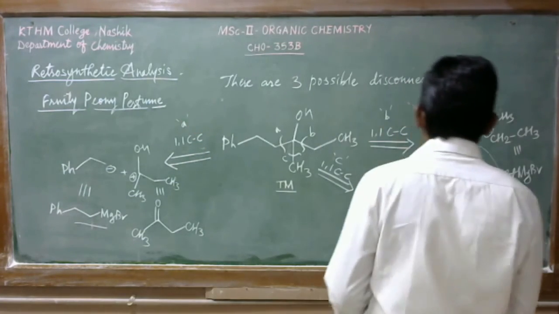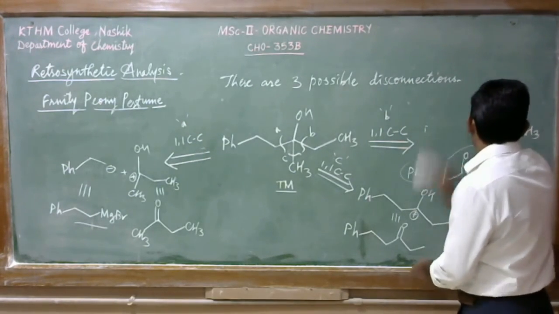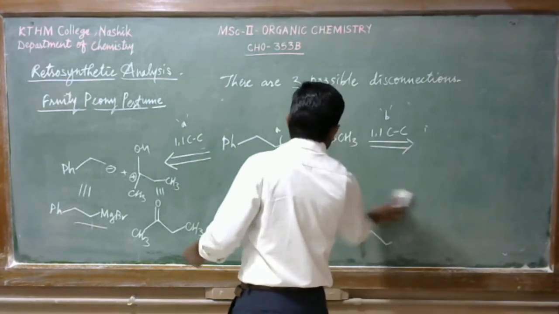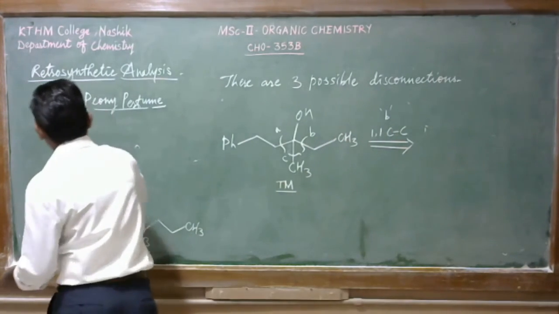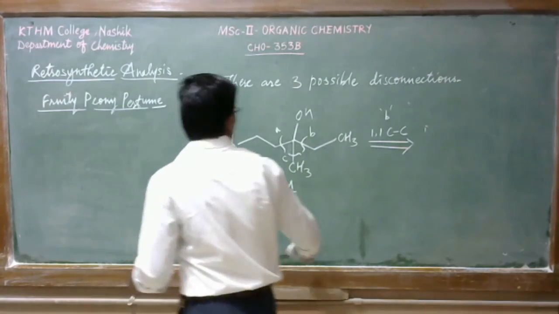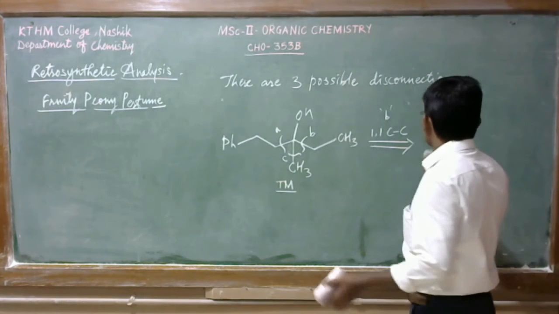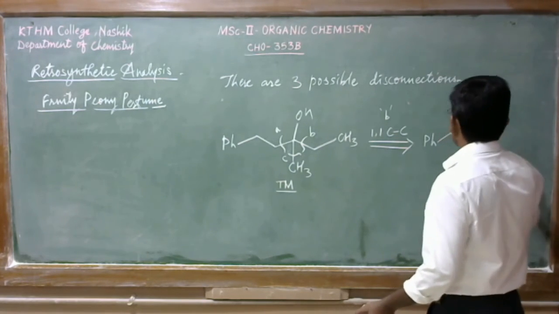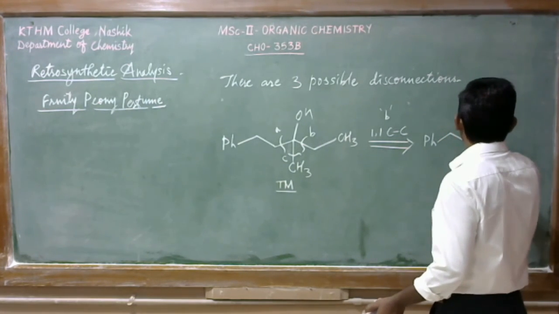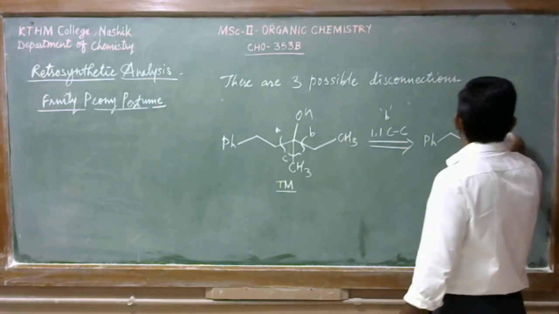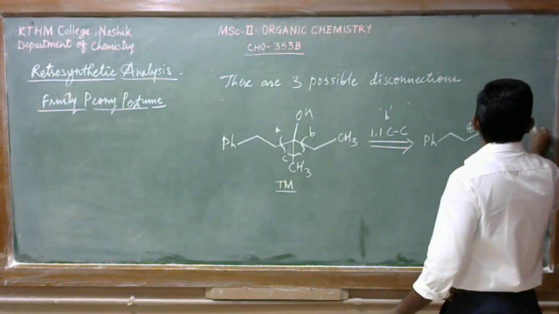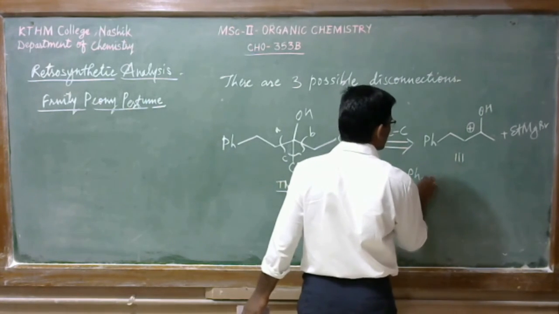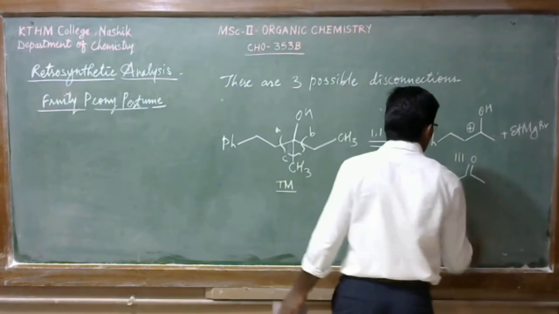So let us have the synthesis. So when we cleave this bond, we will get this and this ethyl magnesium bromide. So we have translated this ketone.